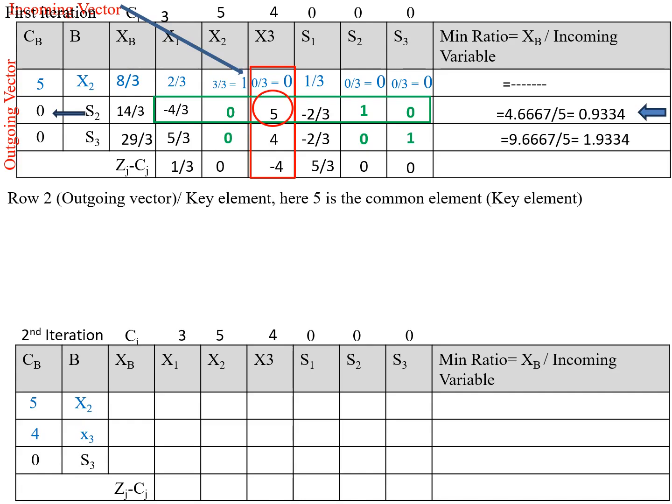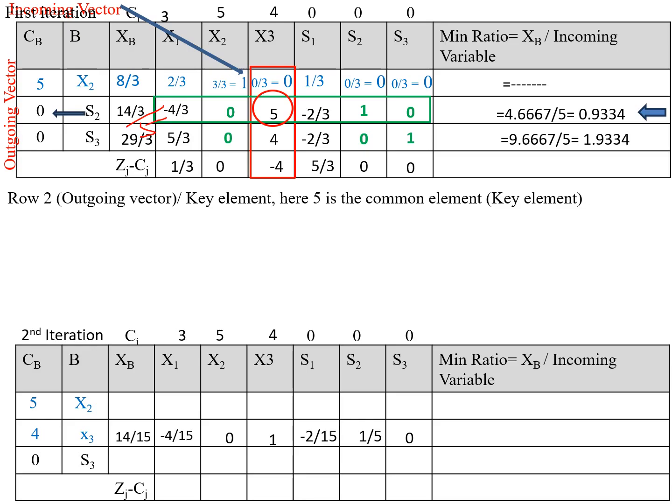Next we are modifying row 2, because S2 is the outgoing vector and the corresponding row for S2 is the second row. Then row 2 becomes row 2 divided by the key element. Here 5 is the key element. Then row 2 becomes the outgoing vector variable divided by the key element, that is 14 by 3 divided by 5.